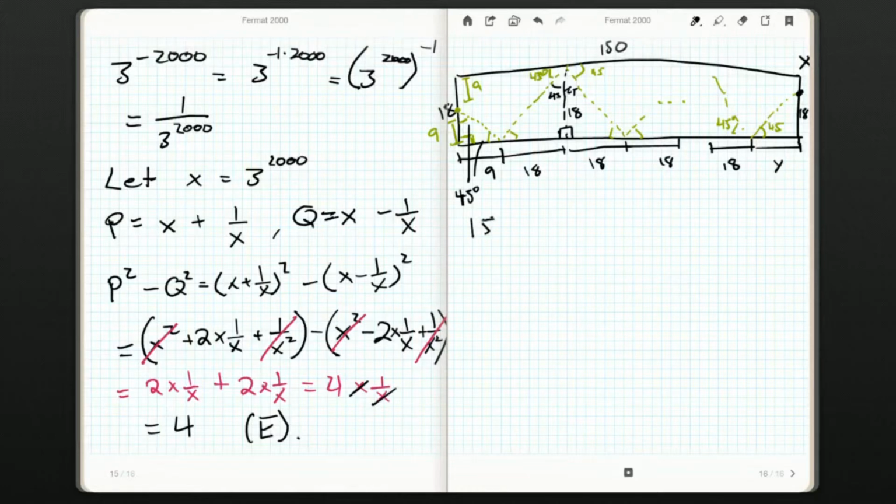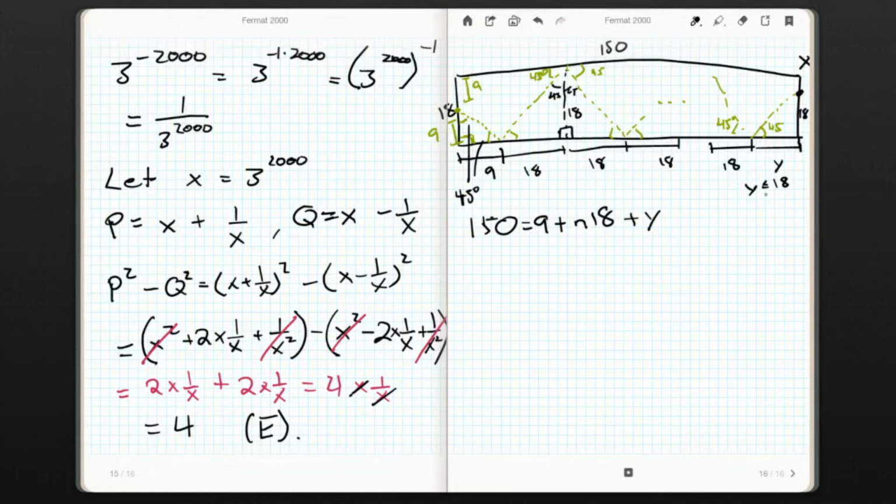So 150, which is the total length, is 9 plus some amount of 18s, I don't know how many, plus y. And y has to be less than or equal to 18. Otherwise he'd hit the top and bounce again, and that would be counted as part of the 18.